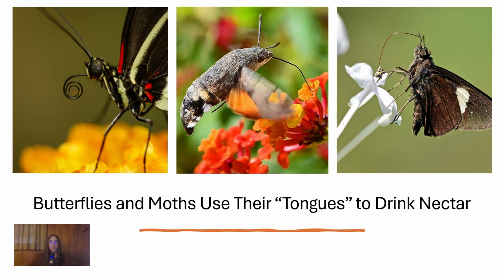As you can see from the picture, these tongues are usually extremely long and narrow, allowing it to get inside the plant or the flower itself and collect the nectar, which is mostly what butterflies and moths eat.